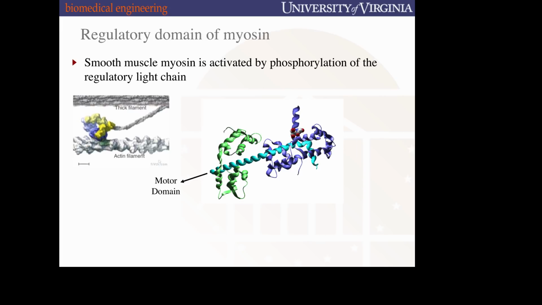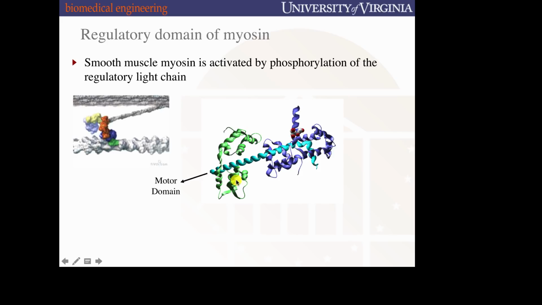Okay, so the regulatory domain of myosin, let's highlight that a little bit. Here's the cartoon, the schematic that was shown in the pre-lecture. Smooth muscle myosin is activated by phosphorylation of the regulatory light chain. So if I take this structure and zoom into this region right up here, the motor domain in this picture is way down here. Here's the regulatory light chain. Here's the essential light chain.